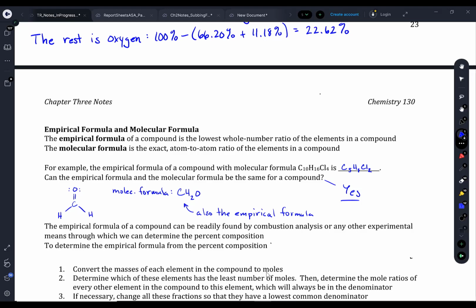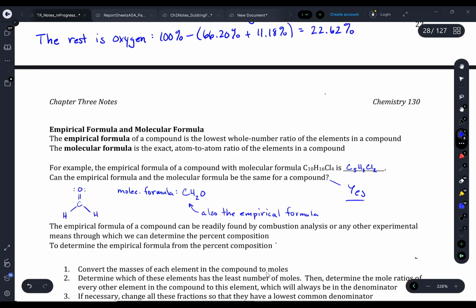Can you give me a molecular formula other than this that also has that empirical formula? So a molecular formula other than CH2O that has that formula. So in other words, same empirical formula, different molecular formula.